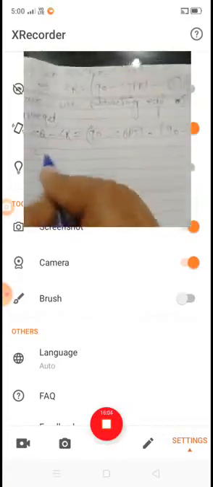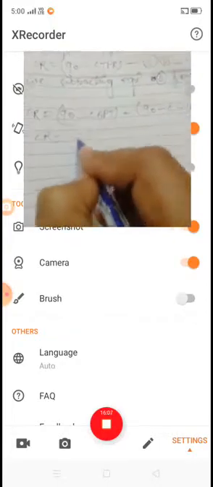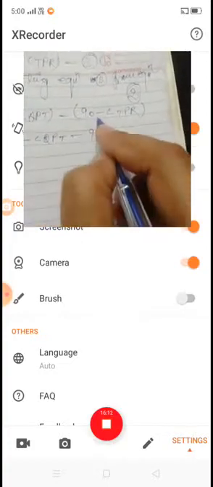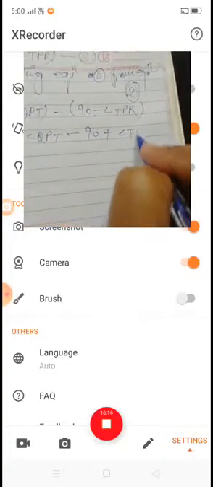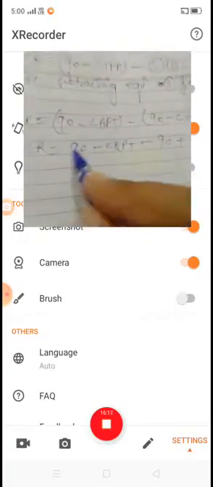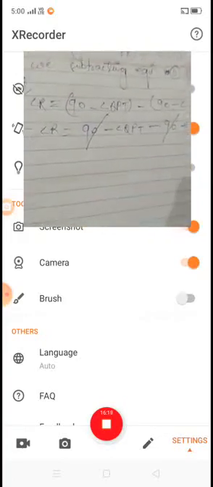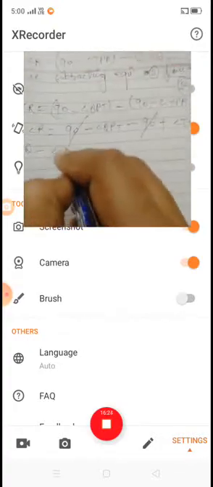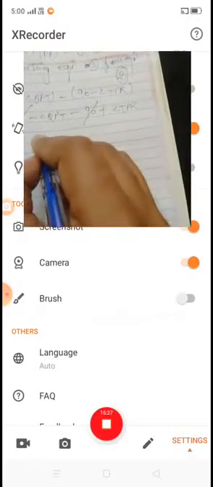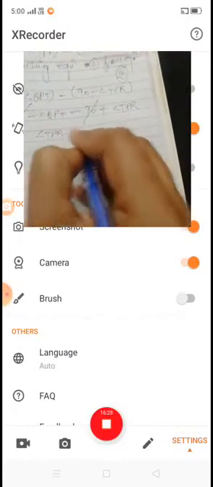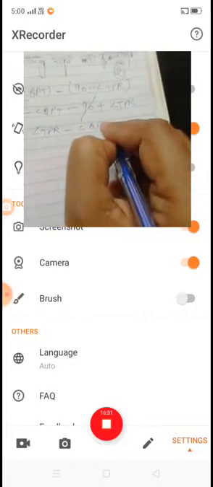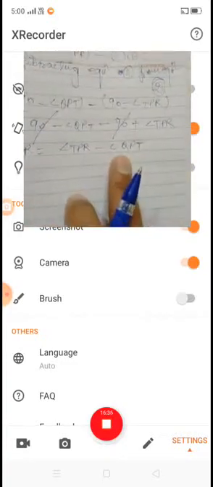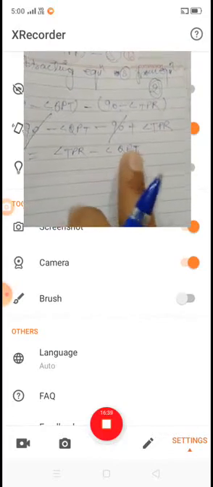Now solve it. We split the bracket: minus 90 plus angle TPR. 90 and 90 cancel each other. Now angle Q minus angle R is equal to angle TPR minus angle QPT.